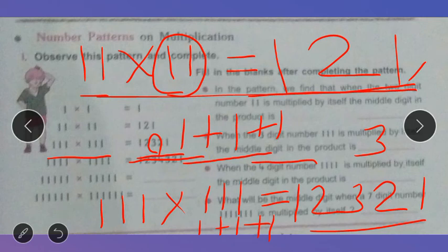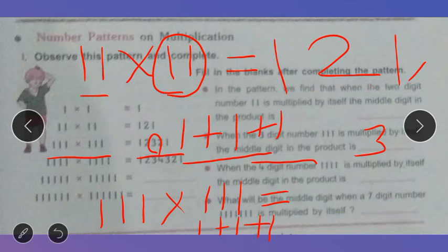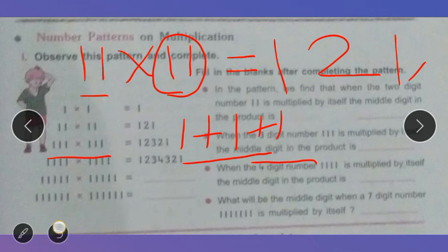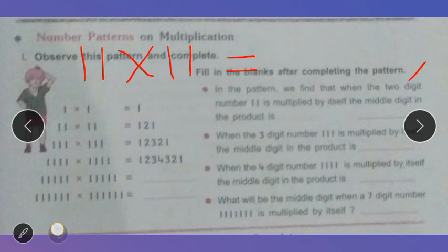Yes. Now similarly, if you have the 4-digit number 1111, 4 times 1, then how will you get the middle number? Here it is written when the 4-digit number 1111 is multiplied by itself.